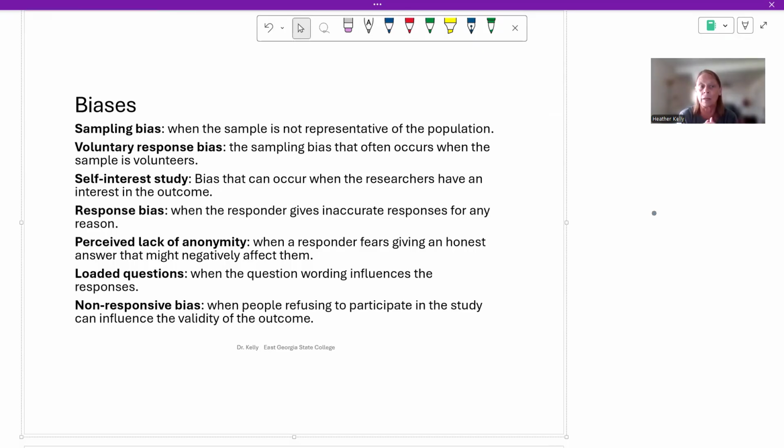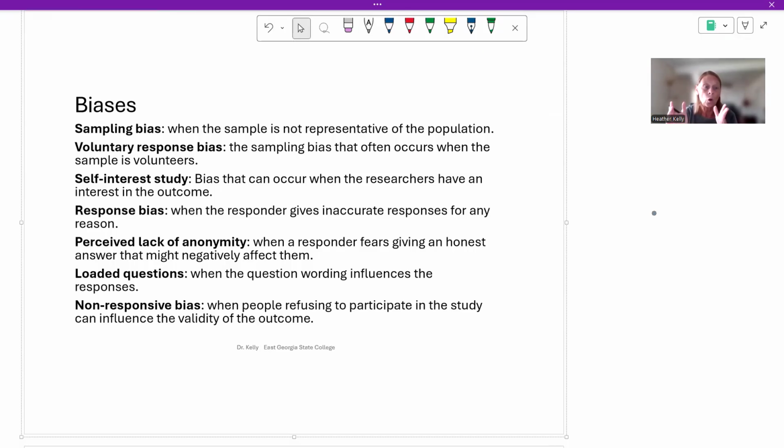You're scared that you don't really have anonymity, and you're going to say everything is great because you don't want any retribution for your opinion. So that would be a perceived lack of anonymity.